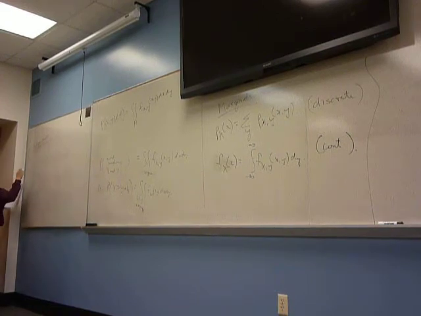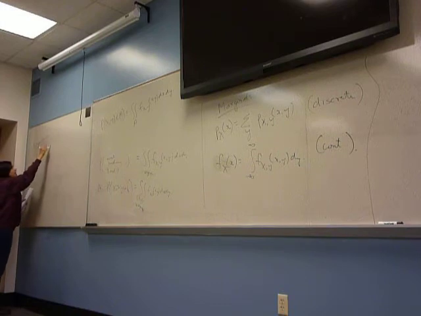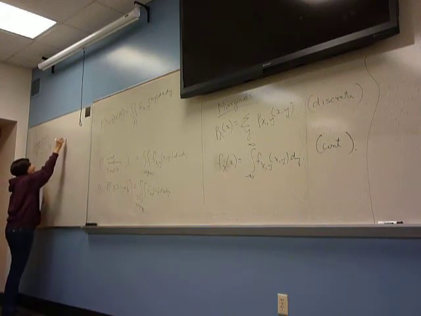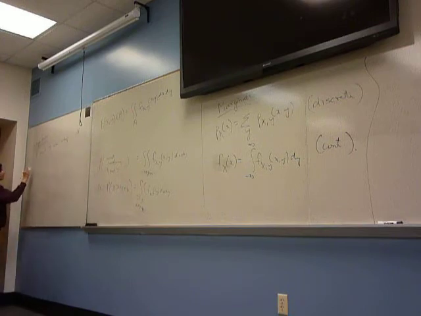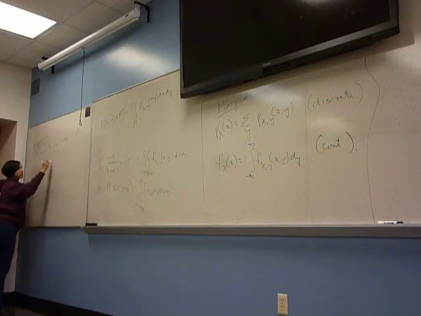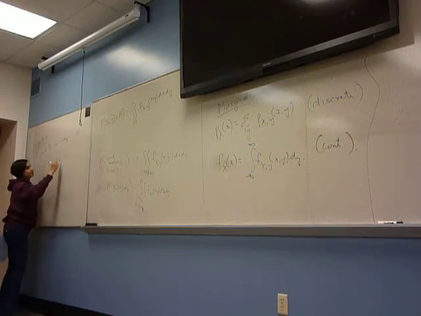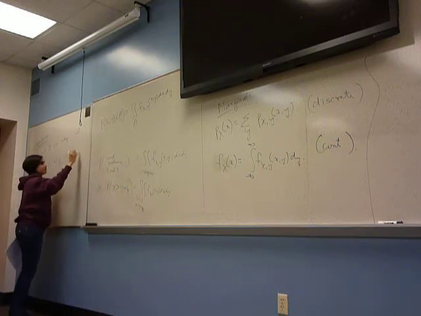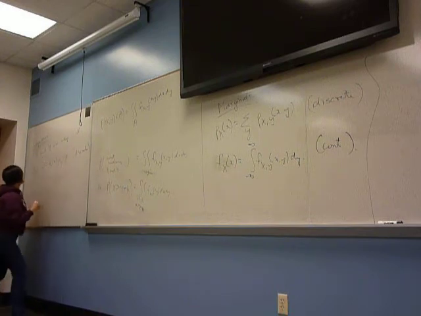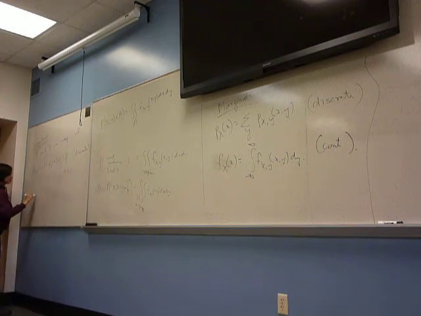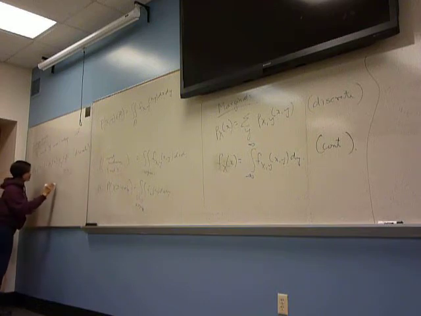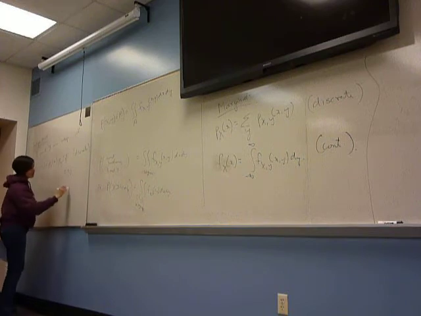We say that X and Y are independent if and only if, in the discrete case, their joint probability mass function is the product of their marginals, for all x, y. If they're continuous, the joint density function is the product of their marginals, again for all x, y.